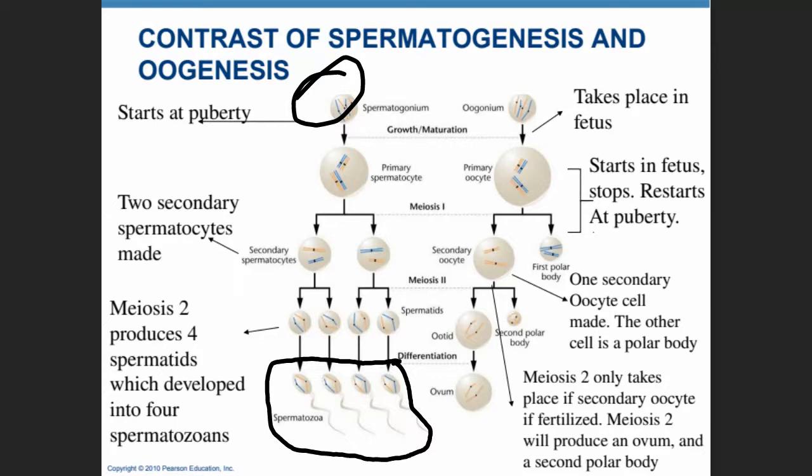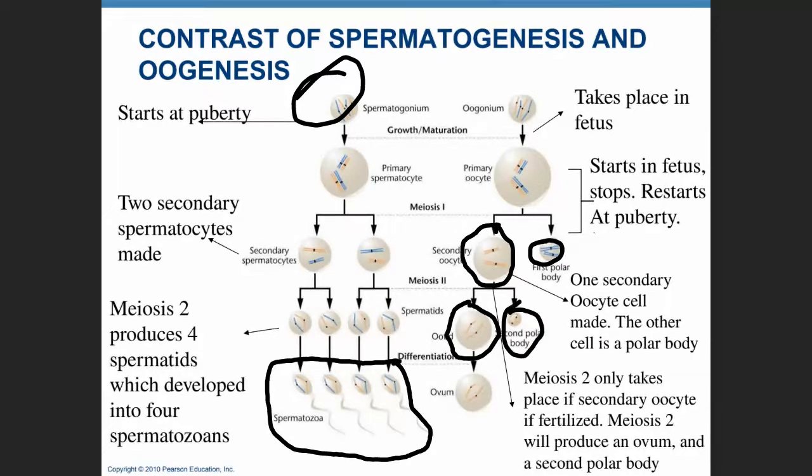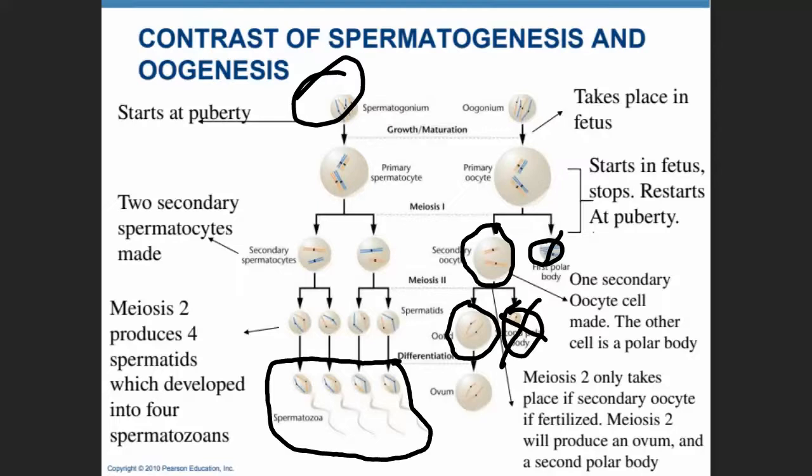Only the meiotic divisions are unequal, creating 1 large secondary oocyte and a smaller polar body during the first meiotic division. And if the cell is fertilized, then the second meiotic division will happen, creating a fertilized zygote and a second polar body that will also be destroyed. So the second meiotic division doesn't even happen if the cell is not fertilized.